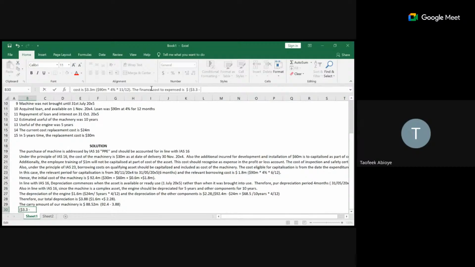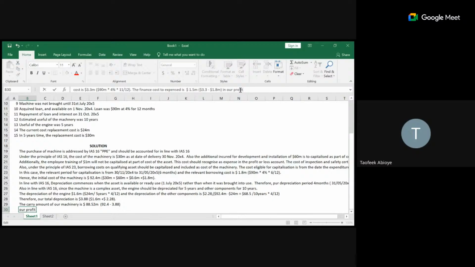We should capitalize 1.8. So 3.3 minus 1.8 is 1.5 million. So the finance cost to be expensed is 1.5 million in our profit or loss account.